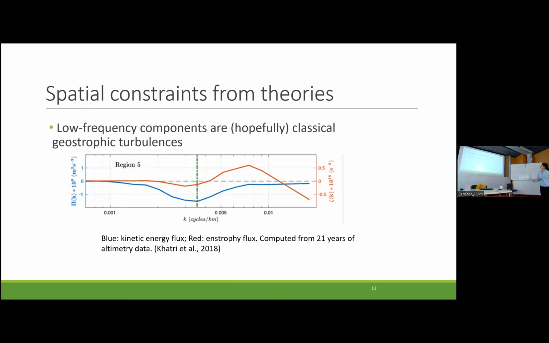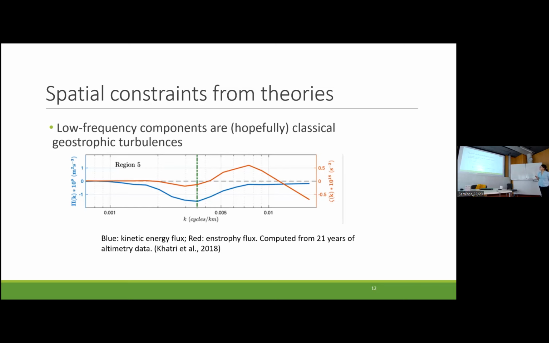Another theoretical thing I know is that the low frequency components of whatever you observe should be consistent with classical geostrophic turbulence. Here someone is plotting the energy flux inferred from sea surface height observations, looking at the balanced flow, and in the balanced flow you can see that the direction of the energy cascade and enstrophy cascade indeed agree with classical turbulence theory.